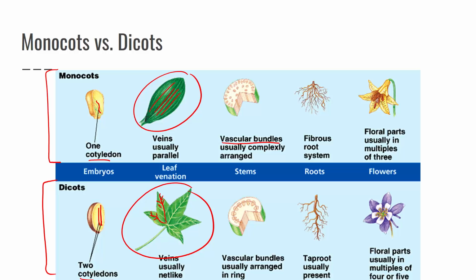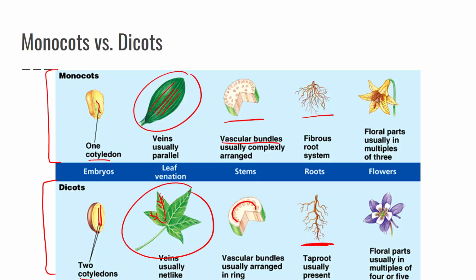But monocots have a complex arrangement. They're kind of all over the place. Dicots will form a pretty strong ring structure. The monocots have fibrous roots, so they go more out as compared to down. The dicots go down.